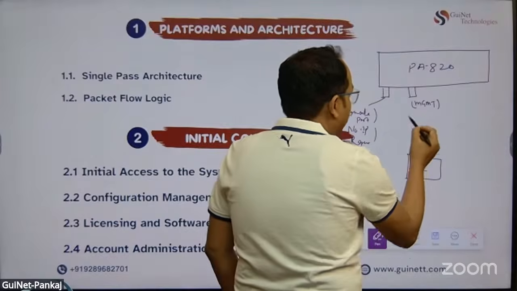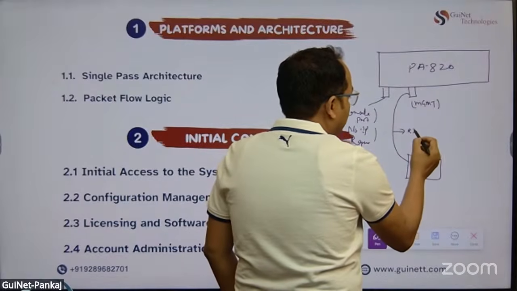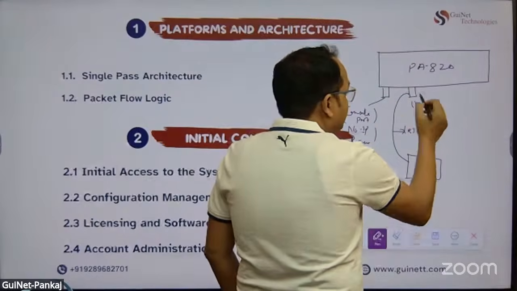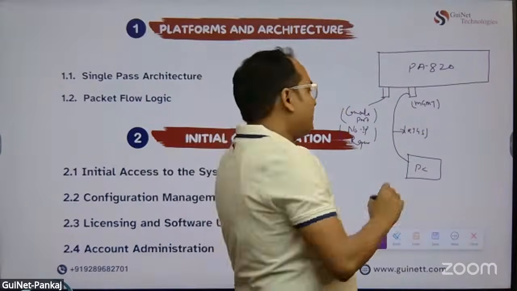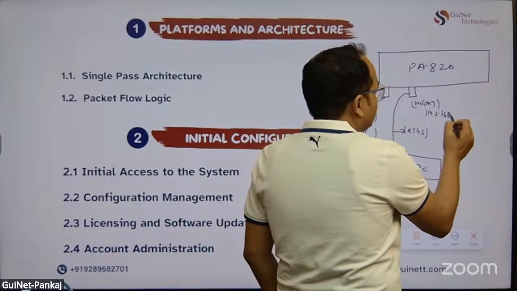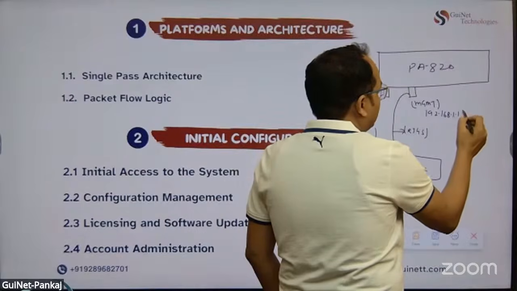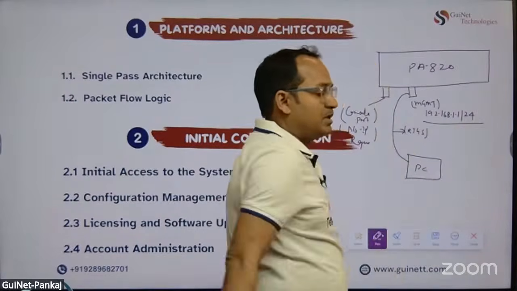This PC NIC card is going to connect with the management port with the RJ45. And this port has the default IP. Note it down. If you have the physical firewall, this port has the default IP address 192.168.1.1 and you can put the subnet mask /24. This is going to be the default IP address.